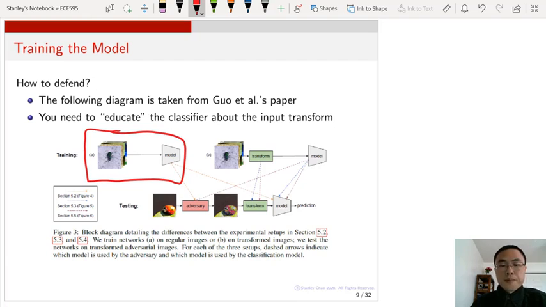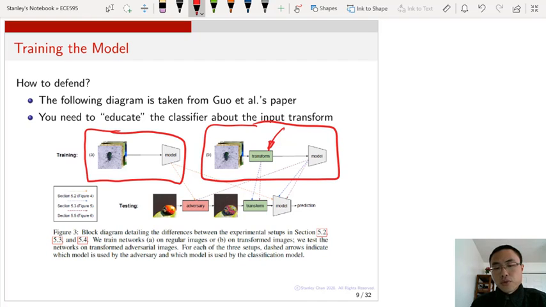So that's the baseline. Here is the second form of training, where you really insert the transformation into the classifier, and then you input the data, you send it through the transformation, and then you train the classifier.